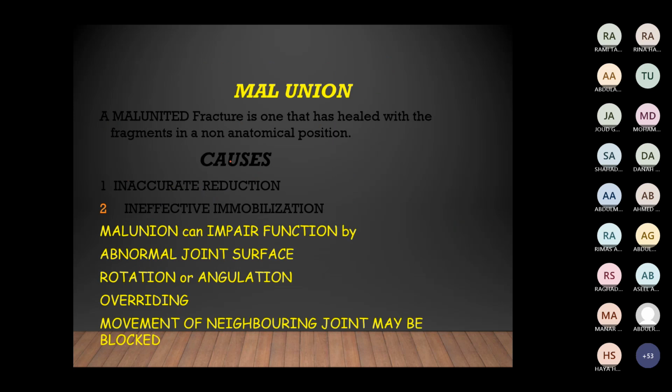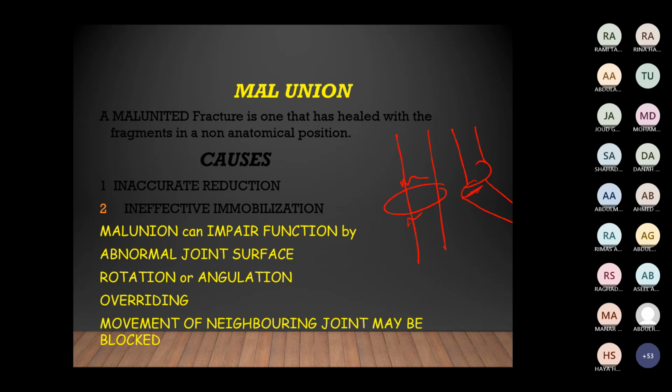So malunion is a fracture that has healed with fragments in a non-anatomical position. Suppose this is the anatomical position, this was the bone here. Now, if the anatomical position has been disturbed like that, it is called malunion. After surgery, some people's union is not right, so the hand or leg is in an improper position.